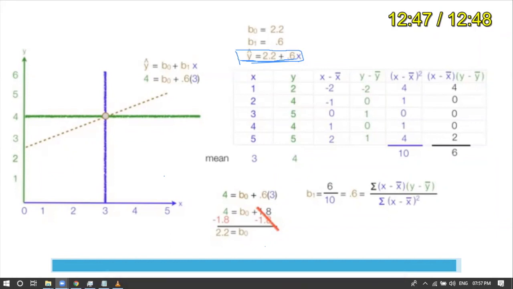It's going to be really hard for the CPU to handle that amount of data and computation. So machine learning came up with a small way to find the best fit line, not using this, but using something known as gradient descent.